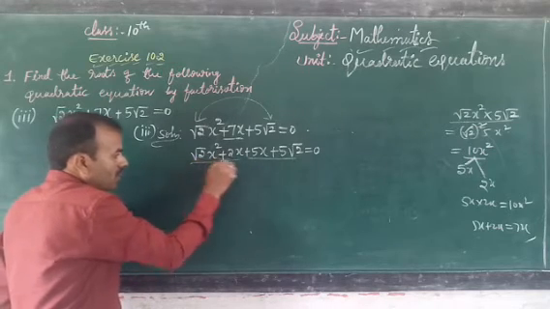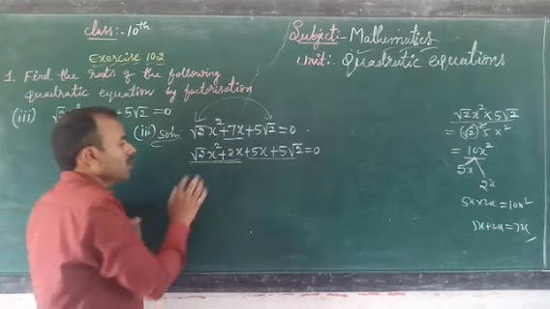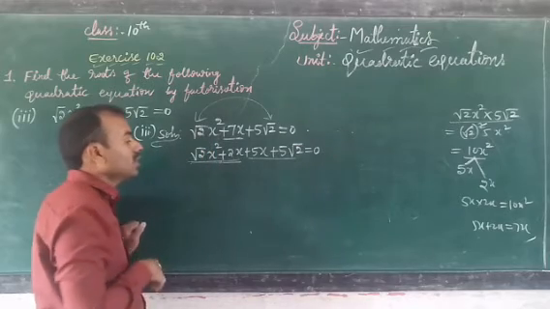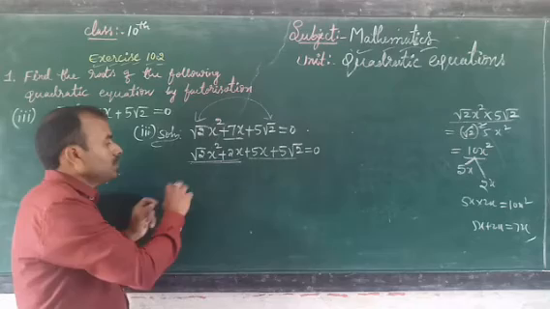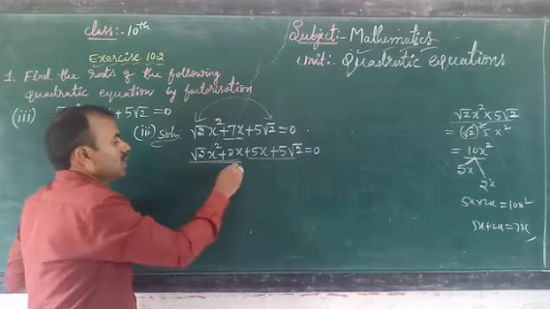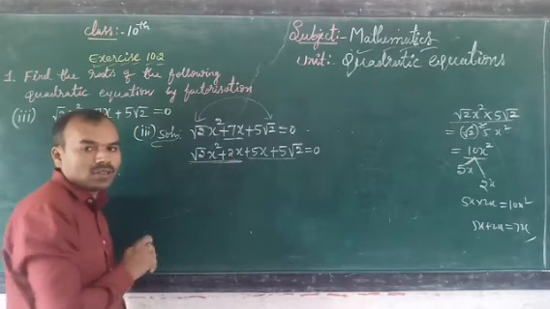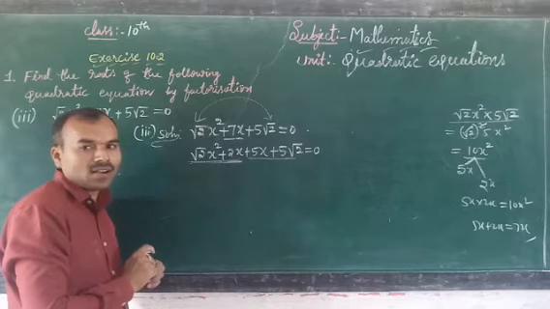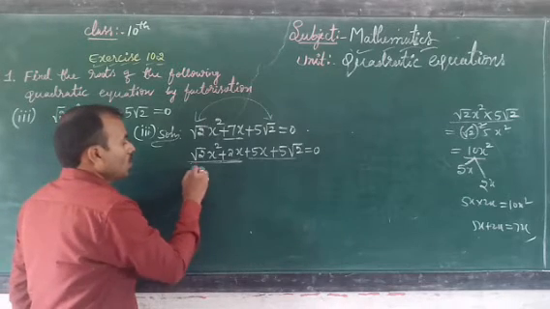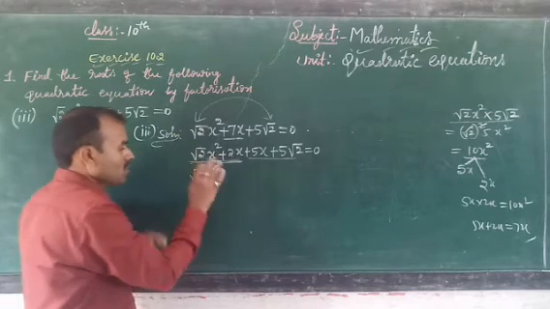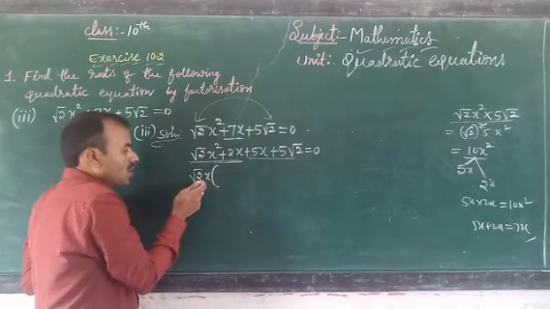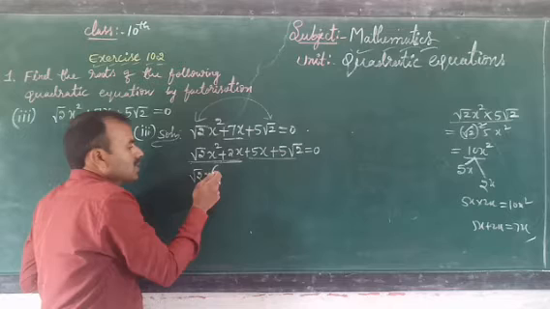Here you should remember, here third is there. It is root 2 third. Here just carefully take out the common factor. Root 2 is common and x is common.